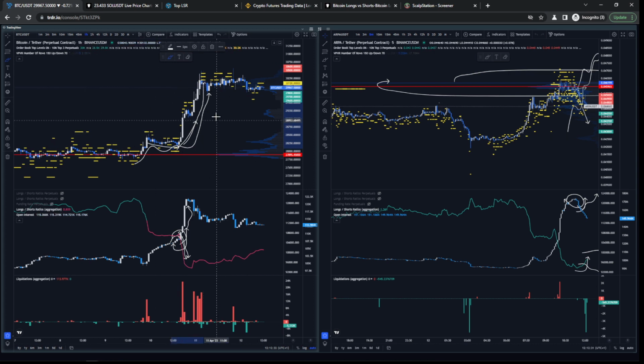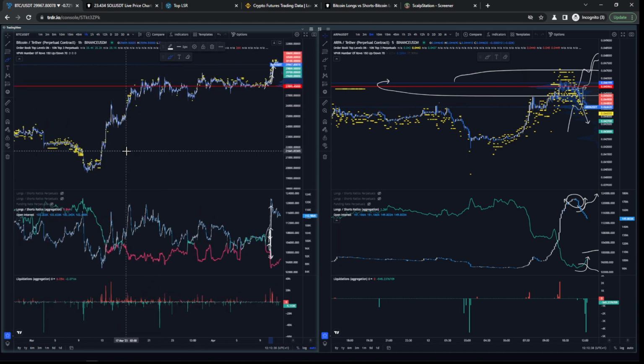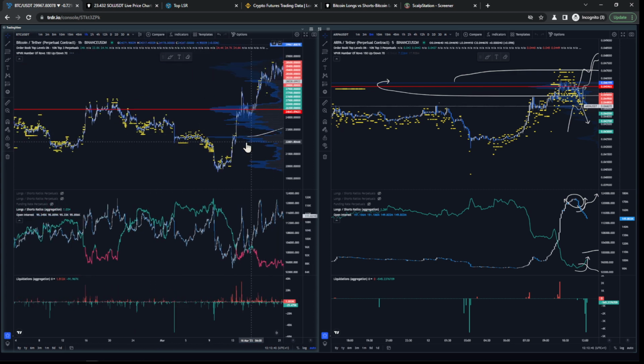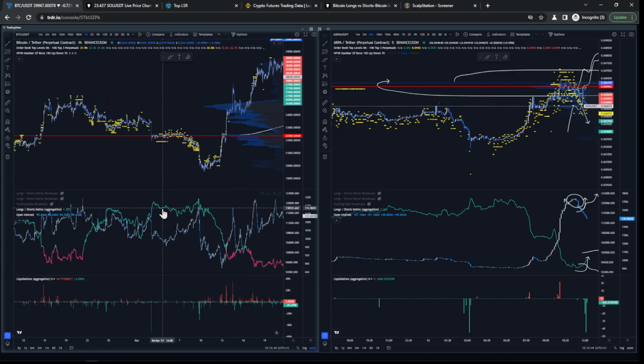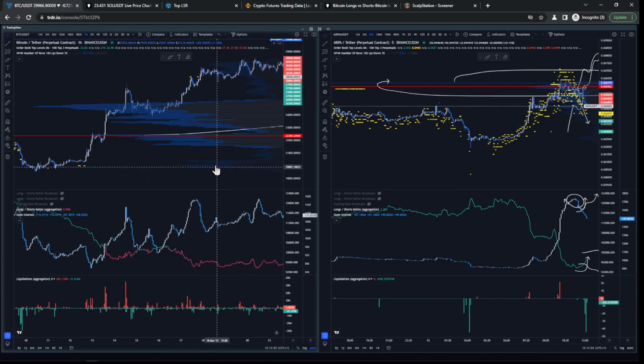And the opposite is gonna happen when they see that a lot of people are getting greedy and they are long. A lot of people in long, what they do, they dump the market. That's how the market works from our perspective.